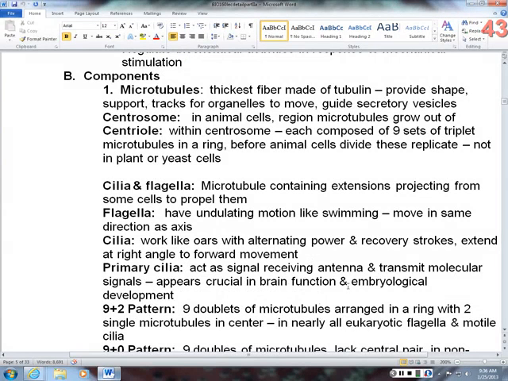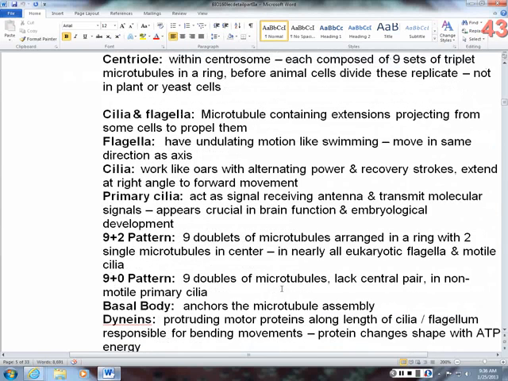So these microtubules are arranged in what we call a 9+2 pattern in there. So you have your 2 in the center, and then 9 pairs around the outside. And you're going to find that in nearly all eukaryotic flagella and motile cilia.